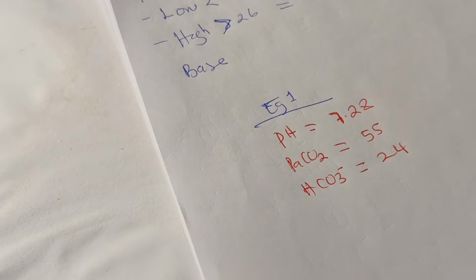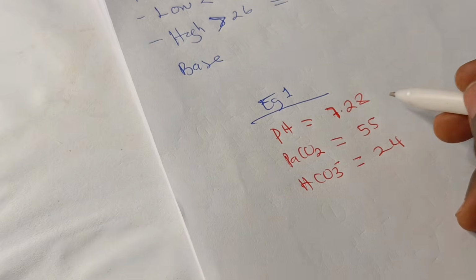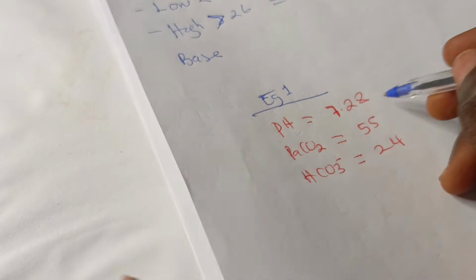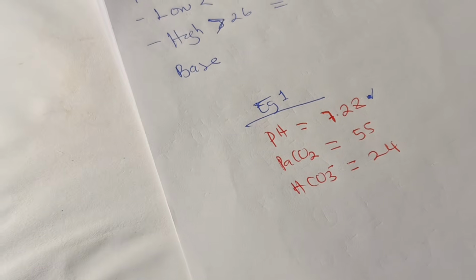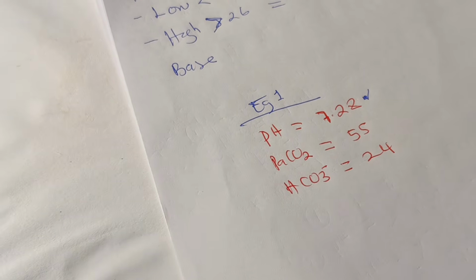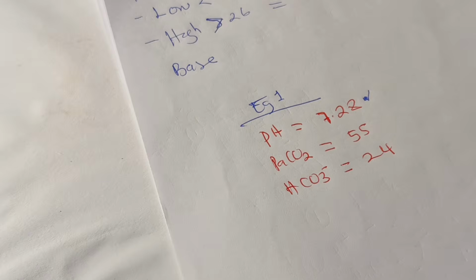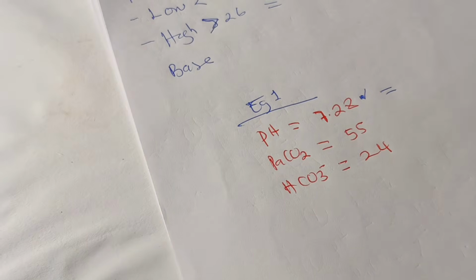What is your interpretation? So first, let's apply the rule. We'll go here first. This one. What is your interpretation? Is it below or is it above? It is below. Hence, it is what?